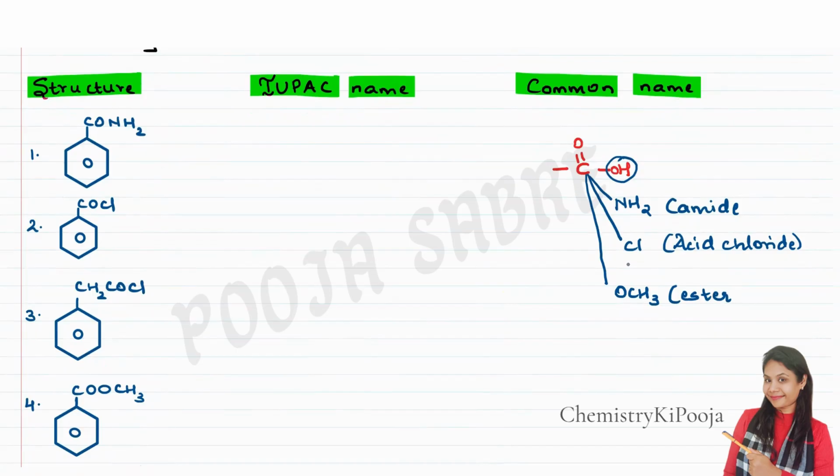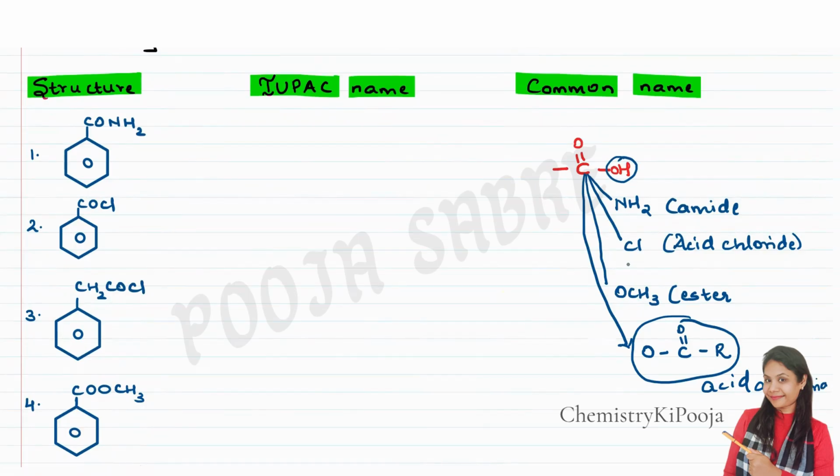Or if this OH is replaced by O, C double bond O, CH3, or you can take it as R, clear? Then we call it an acid anhydride.